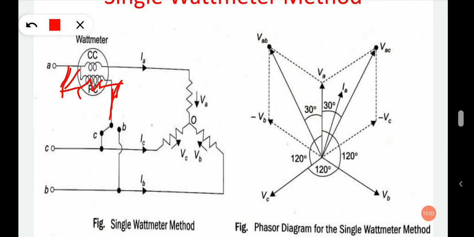We can connect this to either C phase or B phase, and we can connect any one of the lines alternately. For that purpose we made it alternate between the remaining two lines, that is B phase and C phase, via a switch. So here this switch is used.